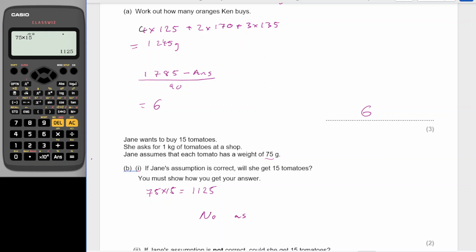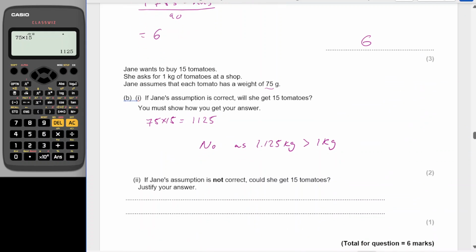as I will convert that, 1.125 kilograms is greater than 1 kilogram. If Jane's assumption is not correct, could she get 15 tomatoes? Justify your answer.